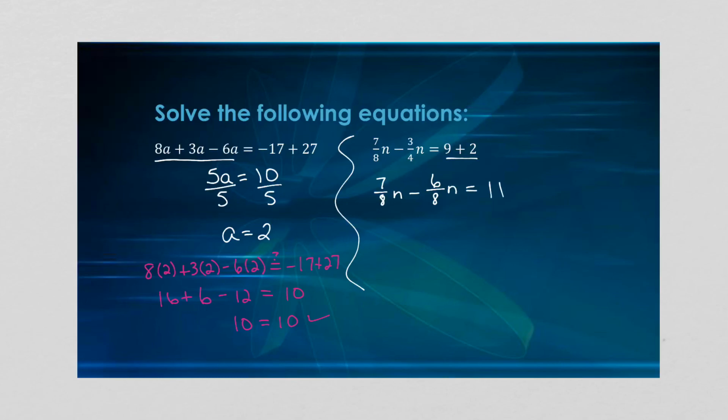So 7 minus 6 is 1. So I've got 1/8 n is equal to 11. Now check this out. If I multiply by the reciprocal, I'm really multiplying by 8/1, which is just 8. So I've got n is equal to 88.